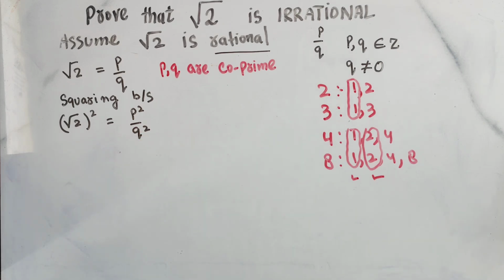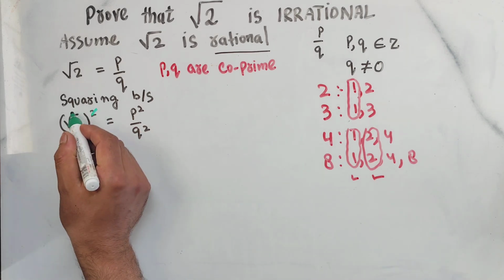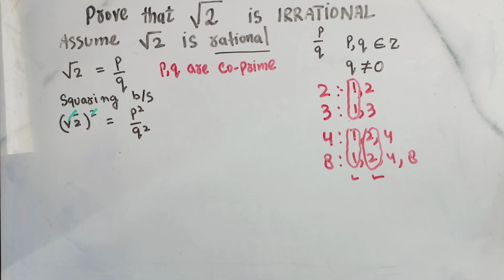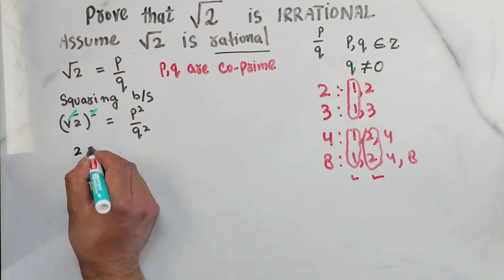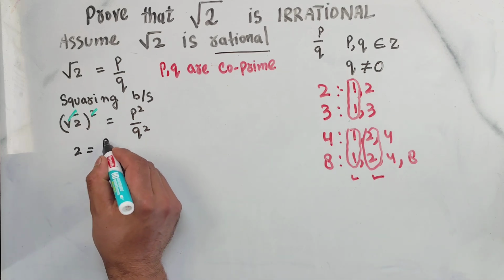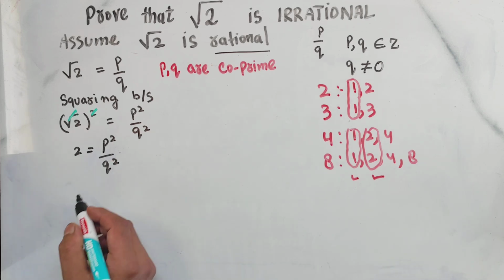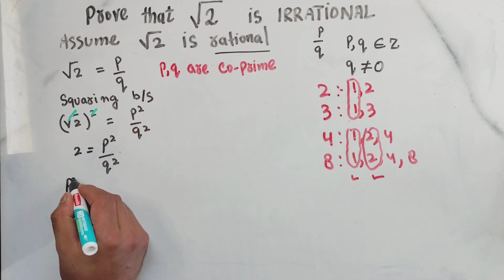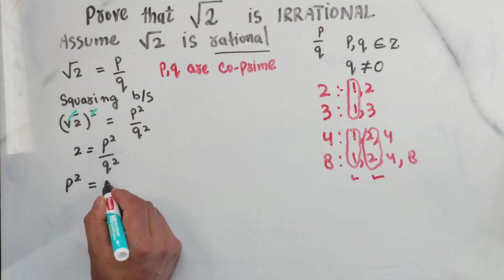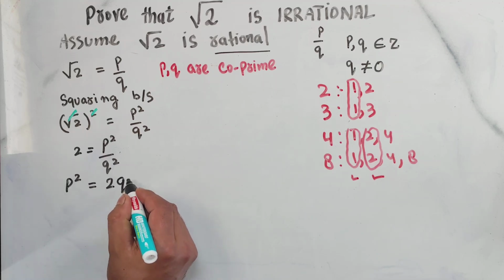Here square and root get cancelled. We are left with 2 is equal to p square upon q square, or we can cross multiply them. So p square is equal to 2 times q square.